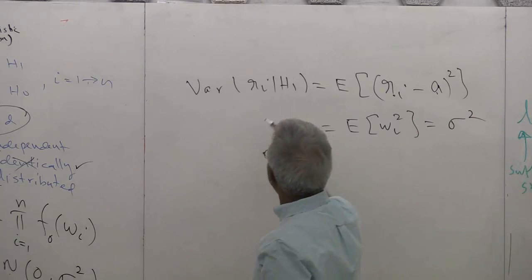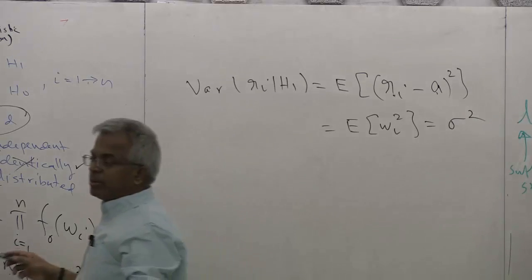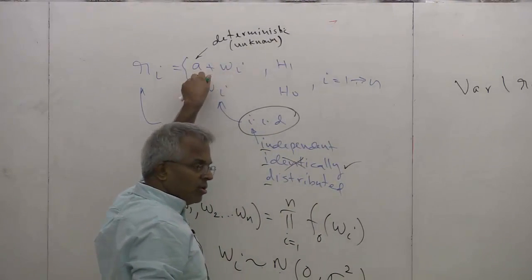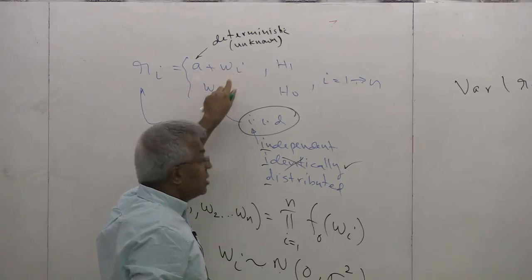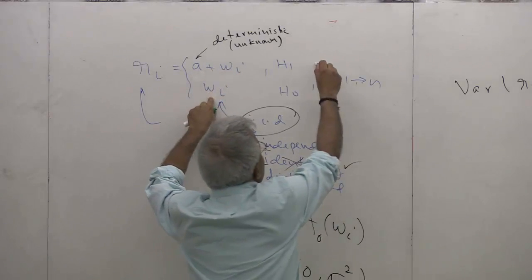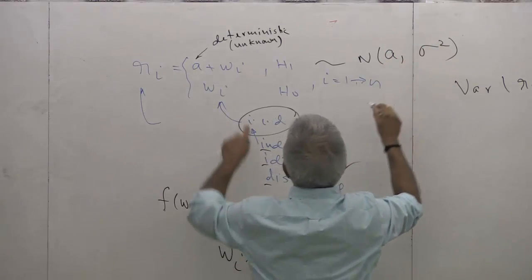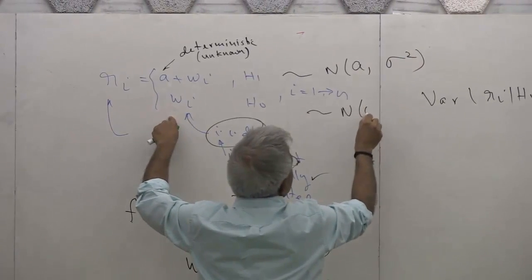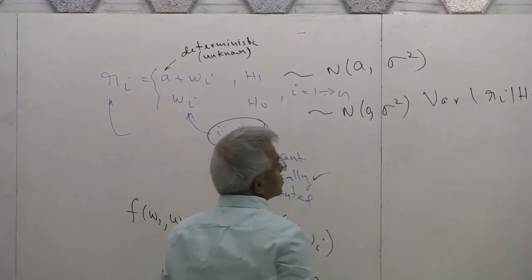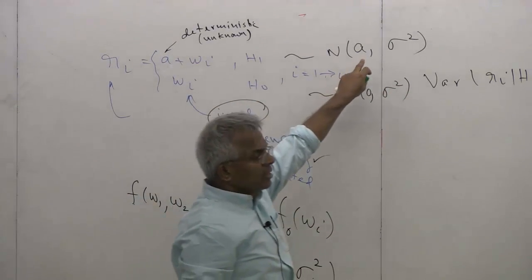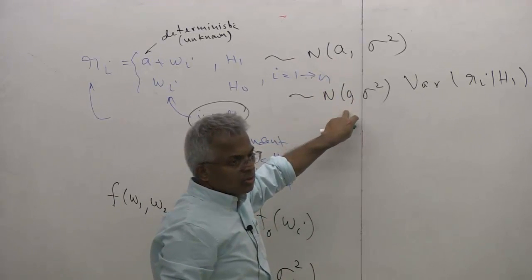Everybody knows this, right? A constant plus Gaussian is Gaussian. So I can say that this is normal with mean A and variance sigma squared. This is of course normal with mean 0, variance sigma squared, because that's the data given. So this is under H1, this is under H0.